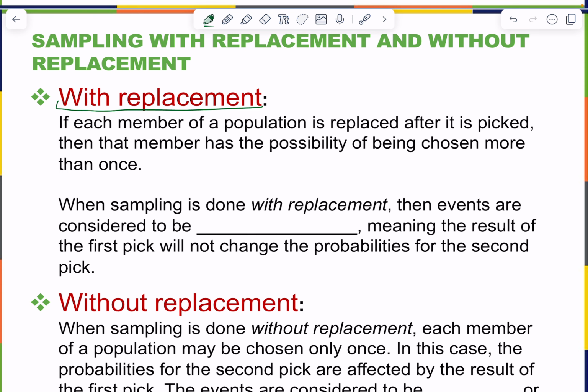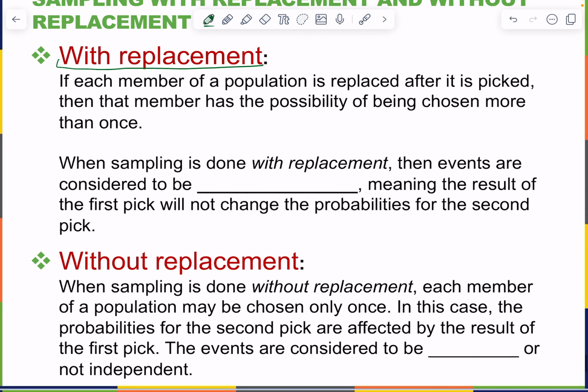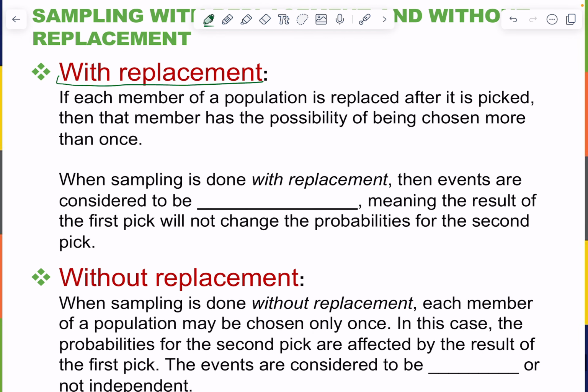I guess that's sort of a drawback when it comes to surveying people. But when sampling is done with replacement, then events are considered to be independent. There's no dependence between two samples.